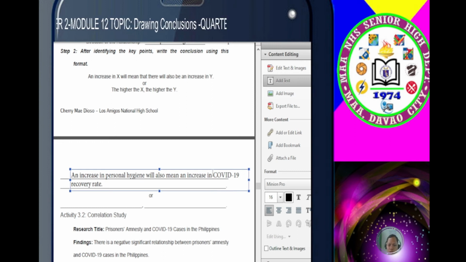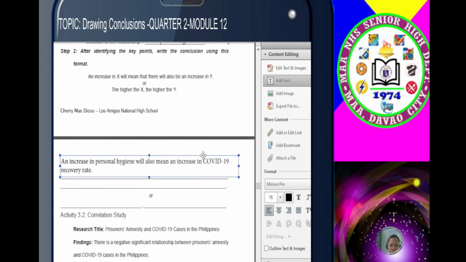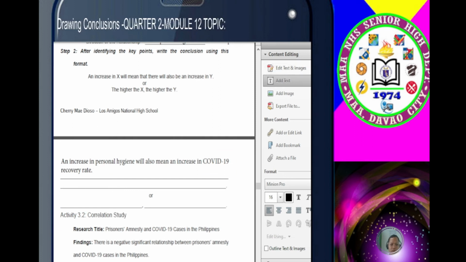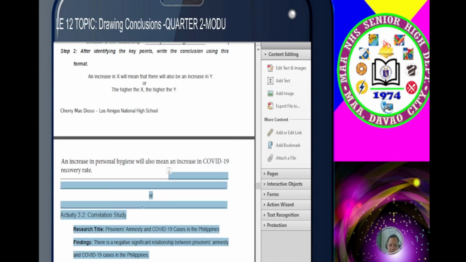Okay, so that is our conclusion drawn from these findings. Because this is a positive relationship, if one variable increases, the other variable will also increase.